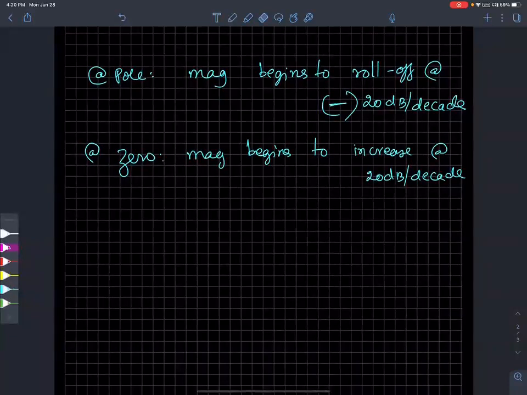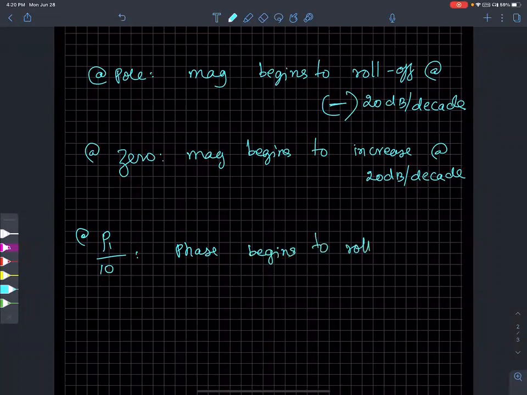So similarly, at 10 times below the pole frequency, at P1 by 10, the phase begins to roll off at 45 degrees per decade.